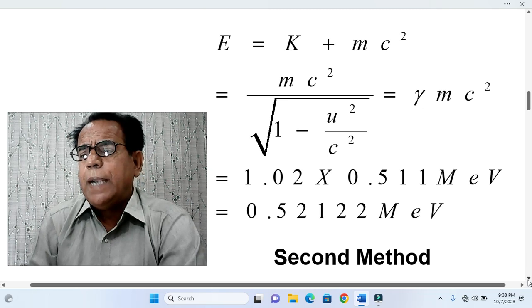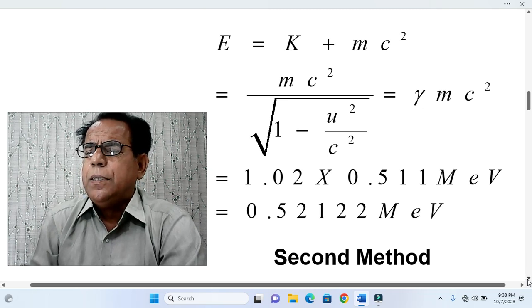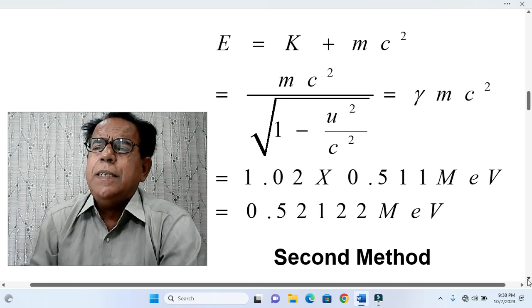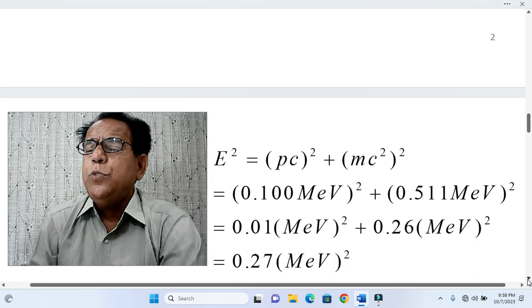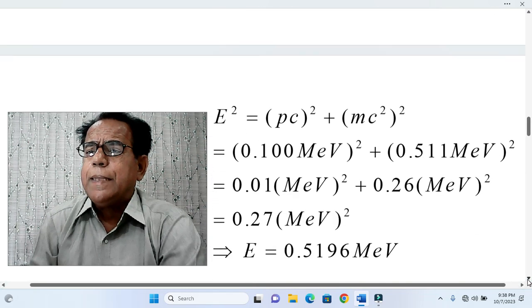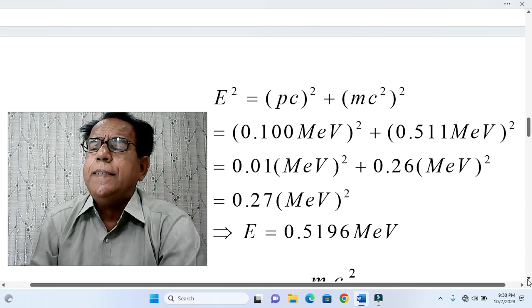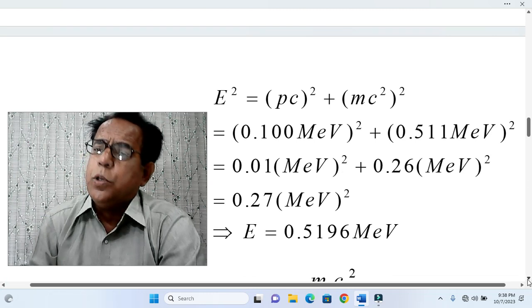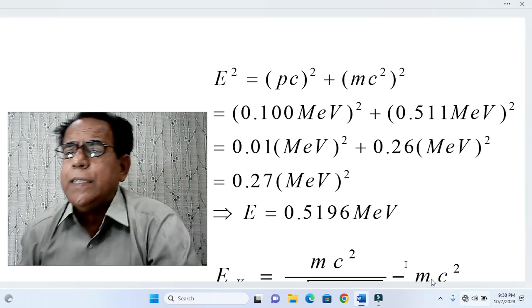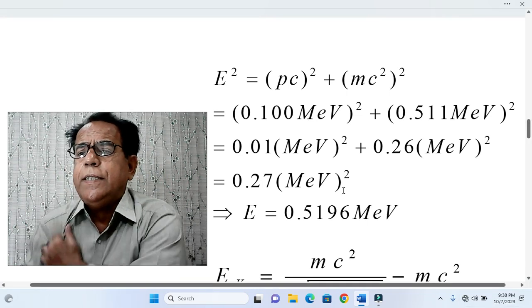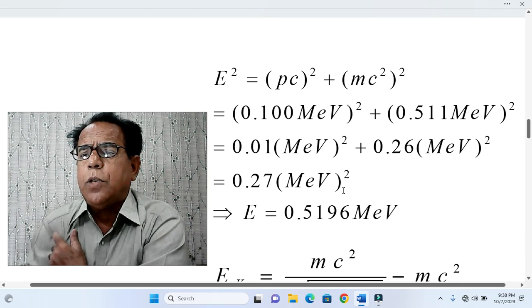The answer will also be, if not exactly equal, nearly equal. Now we use the second method. The second method is E square equal to P square c square plus (mc square) whole square. Here we have used the value of pc equal to 0.100 million electron volt.